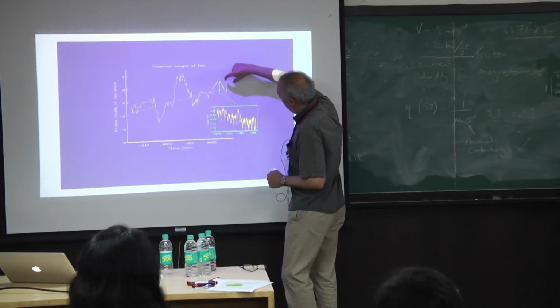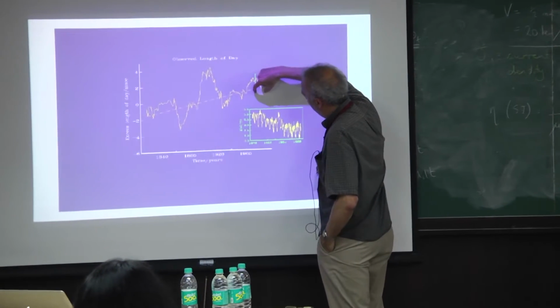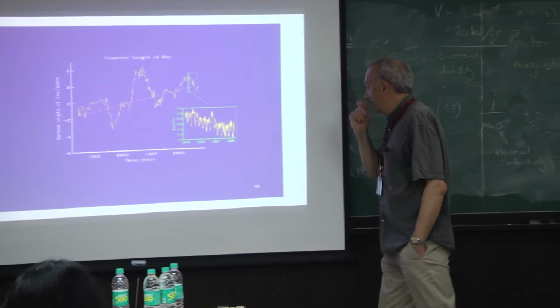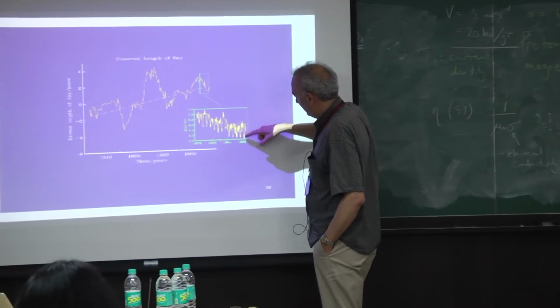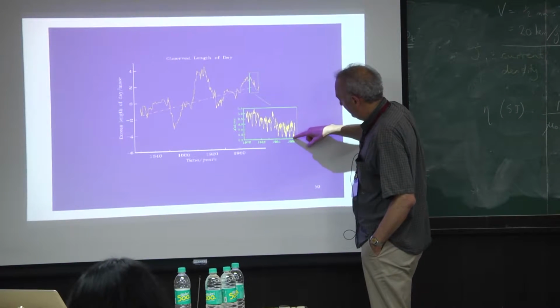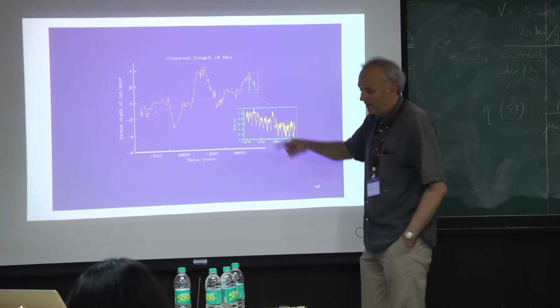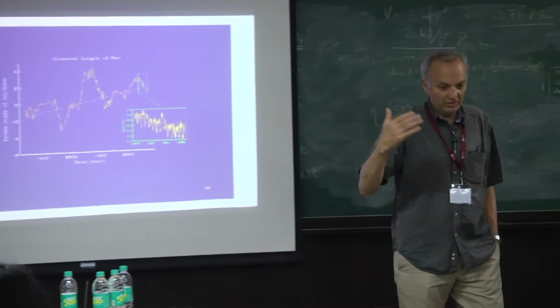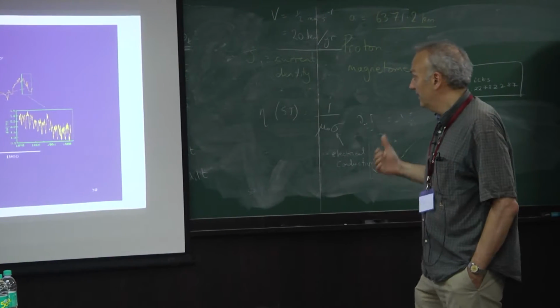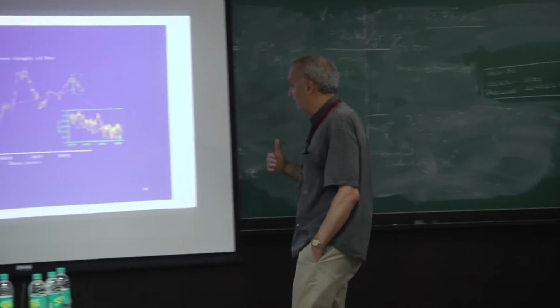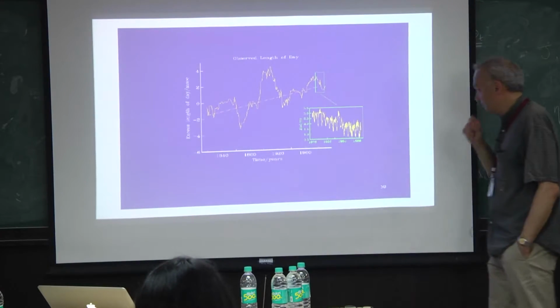And now if we zoom in on a little period like this in the green box and we blow it up, we see the length of day is the yellow line, and in fact you can see a very strong annual signal, and that annual signal is because of the exchange of angular momentum between the solid Earth and the atmosphere, and to some extent the oceans, but largely the atmosphere.